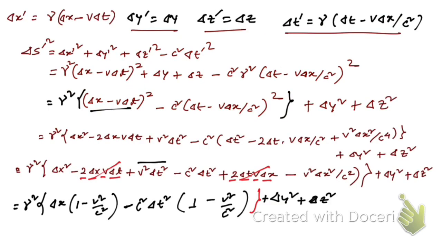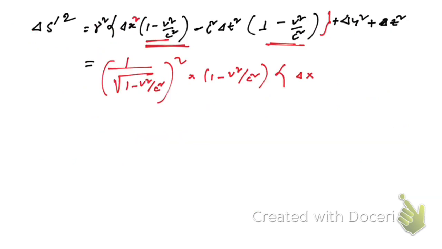Let me go back to the previous slide. So that should be square. Okay, so x square 1 minus v square by c square, this term is taken common already, del x square minus c square del t square plus del y square plus del z square. That's what we have got within bracket here. So now you see, squaring this, the square root will be removed. 1 square remains.